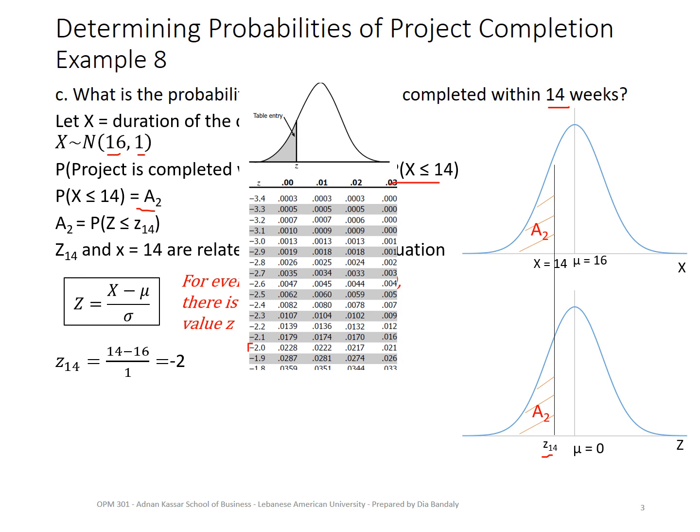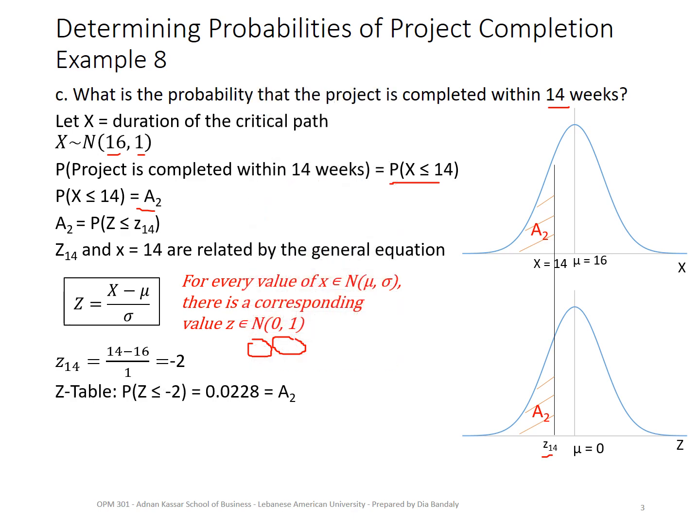It's exactly minus 2, so you look at the first column, which is 0.0228. So from the Z table I can write that P of Z less than or equal to minus 2 is 0.0228, which is my A2, right, as we did here.